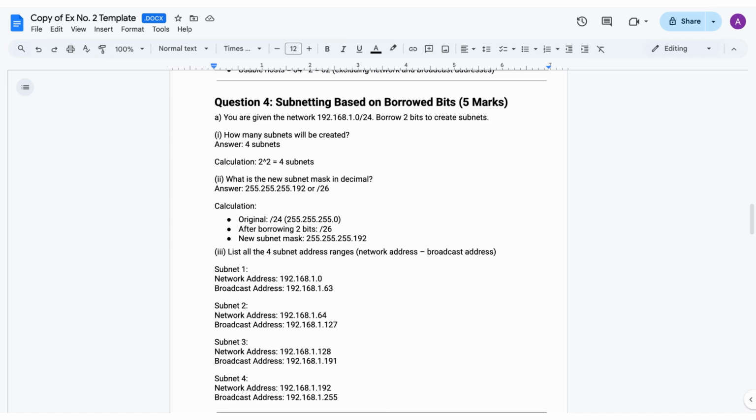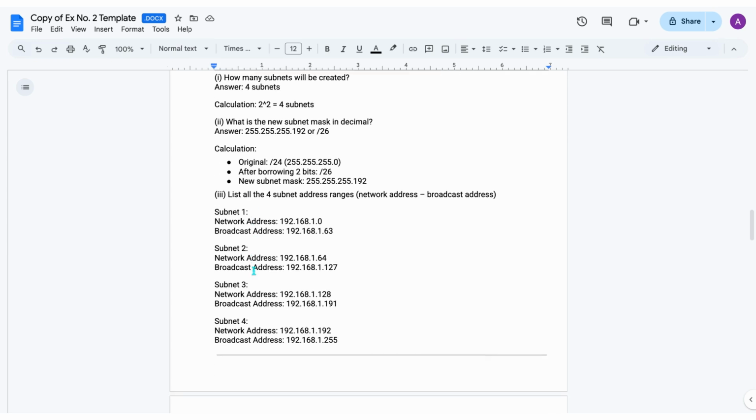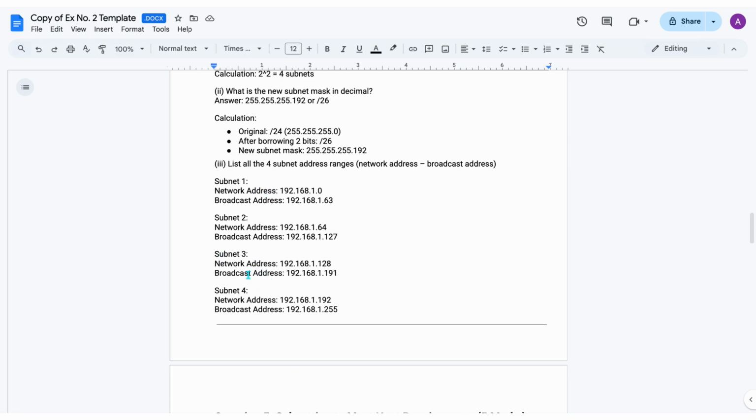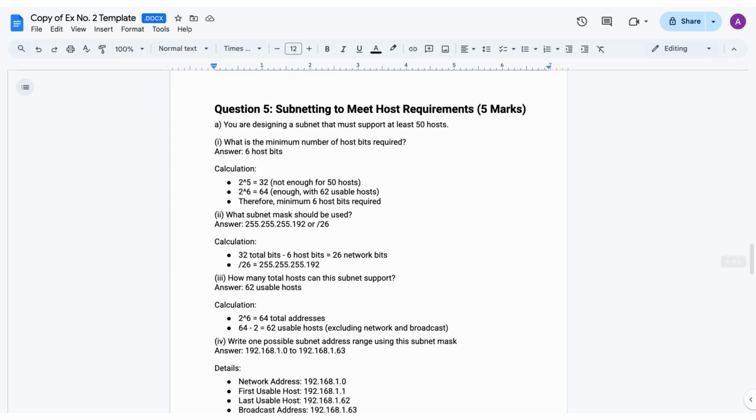The new subnet mask becomes /26 instead of /24, or 255.255.255.192, where each subnet has 64 addresses, with the ranges shown on the screen. As you can see, there are 4 different subnets. Since we are borrowing 2 bits, it becomes 4, and we get the network address and the broadcast address for each.